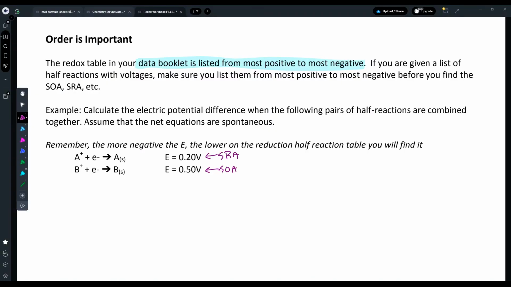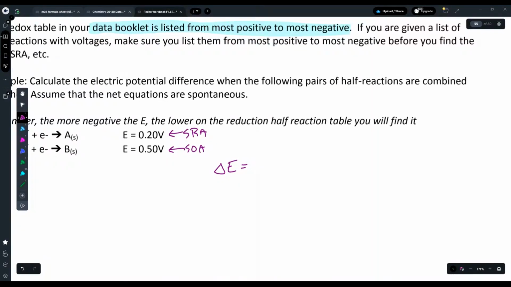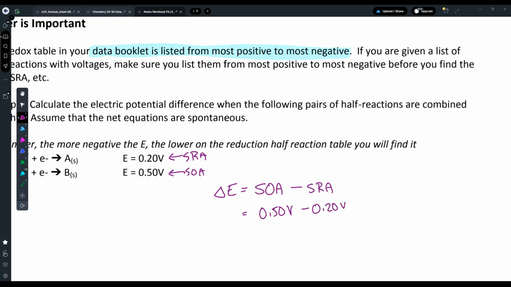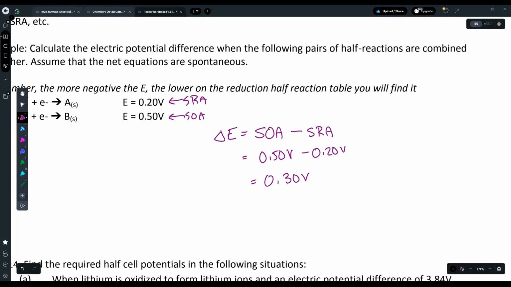We're asked to figure out the electric potential difference, E. I prefer cathode minus anode, but if you want to make life easier for yourself in this question, you can go SOA minus SRA. So you'll have 0.5 volts minus 0.2 volts, which will give you 0.30 volts. And I've already done significant digits on that.